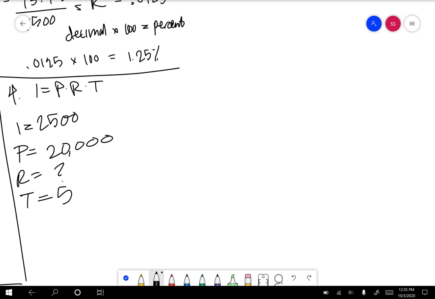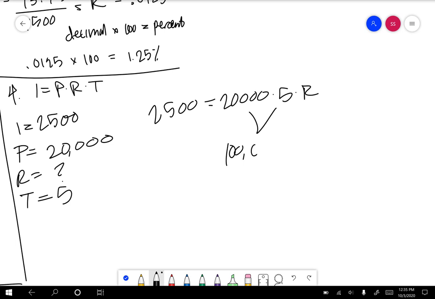Okay, so let's put these into our formula. We don't know R yet. Let's simplify this part first. 20,000 times 5 would be $100,000.